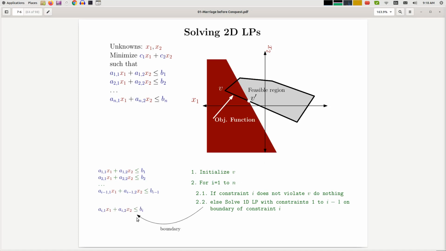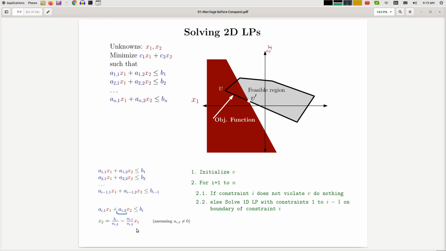Okay. So we are at the boundary of this constraint. What this means is that this is an equality. If this is an equality, and assuming this coefficient is non-zero, then I could exactly work out what x2 is. x2 equals this. And now here you can see that I colored x2 green because now x2 is not really an unknown.